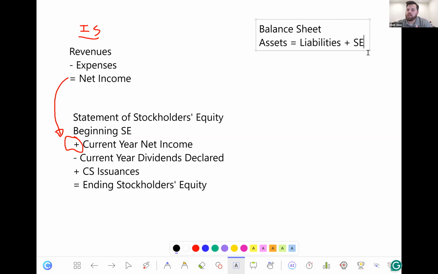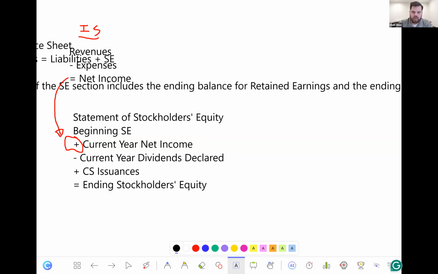This is what we're trying to show, this fundamental relationship. Now, why was it necessary that I finish my statement of stockholders' equity first? Because part of the stockholders' equity section includes the ending balance for retained earnings and the ending balance for stockholders' equity.